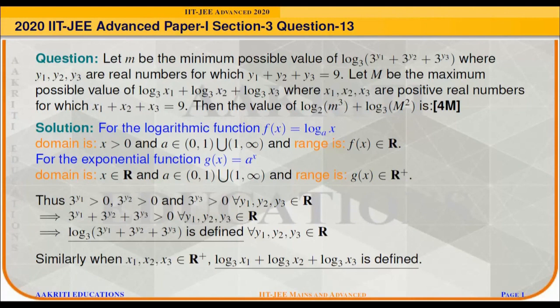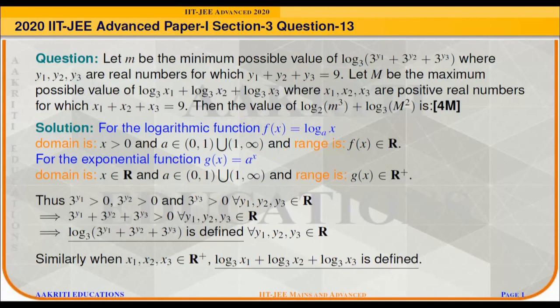Similarly, if g of x is any exponential function given as a to the power x, then it is valid for all x belonging to R, for all a belonging to (0,1) union (1,infinity), and its range is all the positive real numbers.